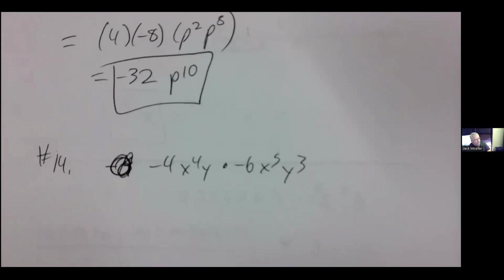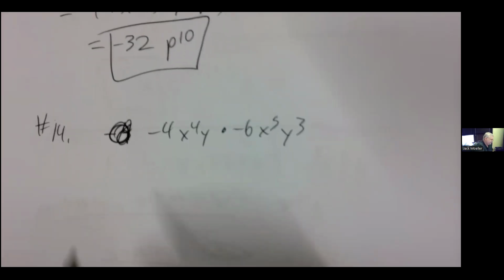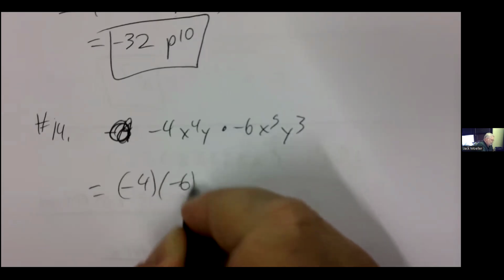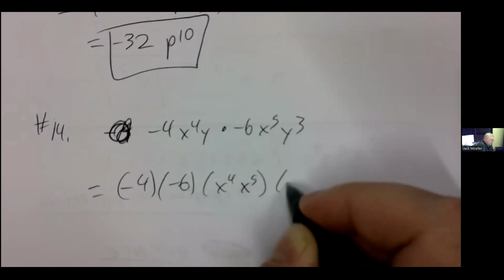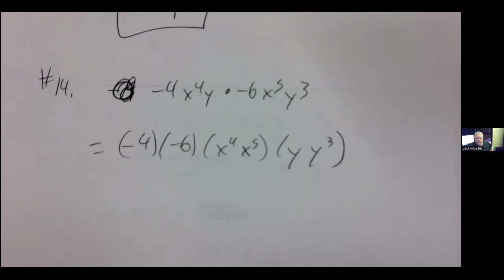And I don't know about you, but I feel more careful with that being in parentheses instead of the multiplication dot. But how do we multiply this? Well, we have numbers, we have x's, and we have y's. So I'm going to put the numbers with the numbers, the x's with the x's, and the y's with the y's. So go ahead and give that answer, and then we'll discuss it.